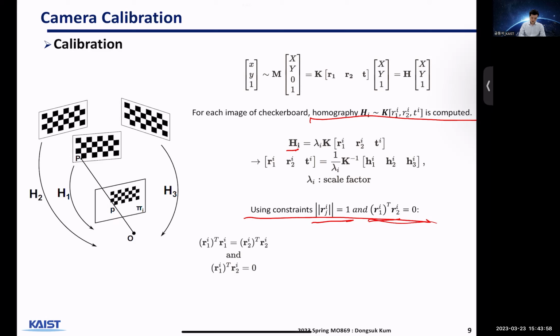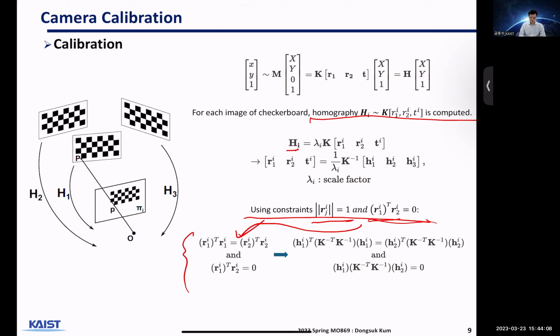Using those two constraints, we can set up these two equations by plugging in these equations. Okay, so this is the resulting equation.